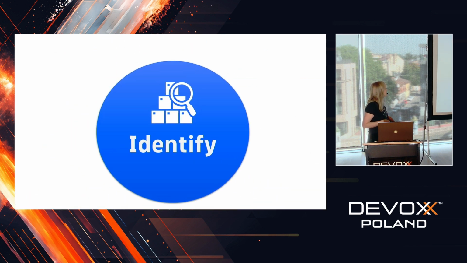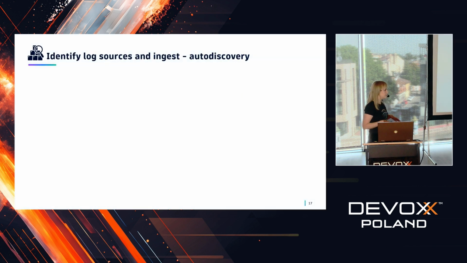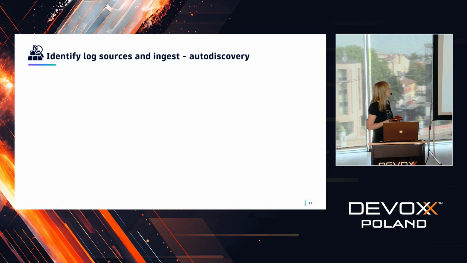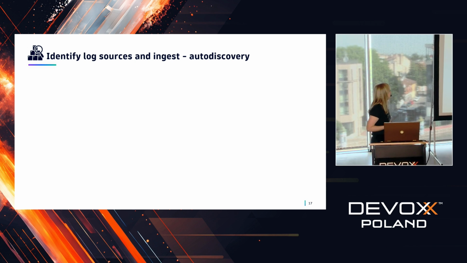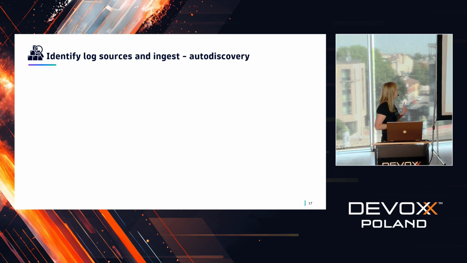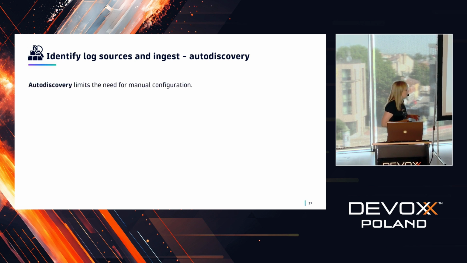So the first step is to actually identify the log and configure it to be sent to some storage. Although it seems to be pretty easy, in the case of complex systems, it means a lot of manual work and then a lot of maintenance when our system evolves. So I encourage you to look for monitoring tools that have auto-discovery functionality.